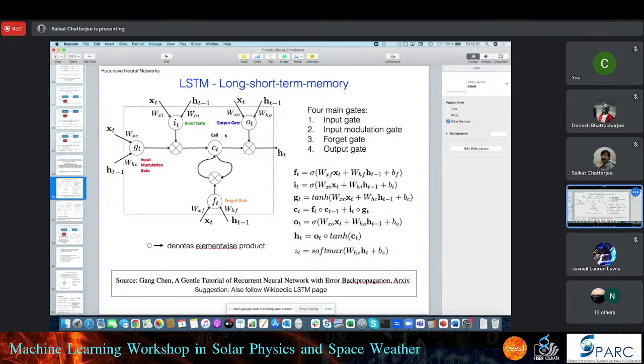Now ht conceptually is a state sequence, but ht is also generated by several sub hidden state sequences. For example, you see the ct here. ct has also ct minus 1 and gt.